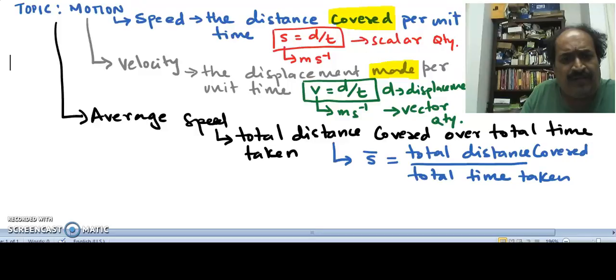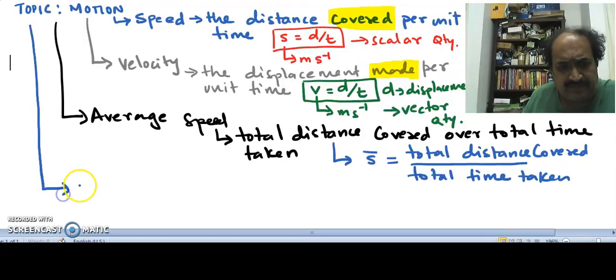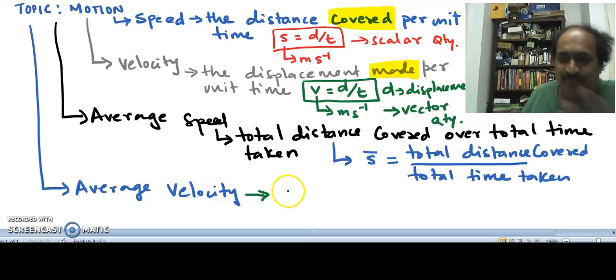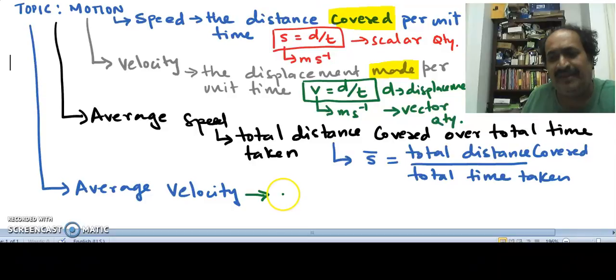Then what do we mean by average velocity? See, average velocity is nothing but the same as its own definition, which is your displacement made per unit time, because there is nothing called total displacement.